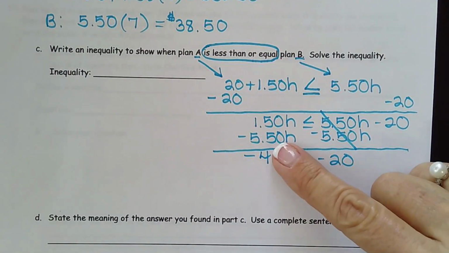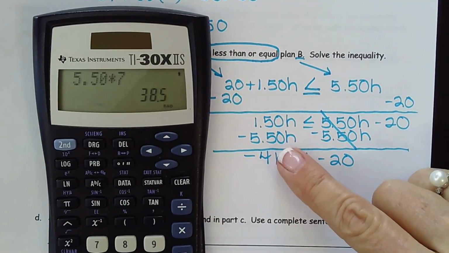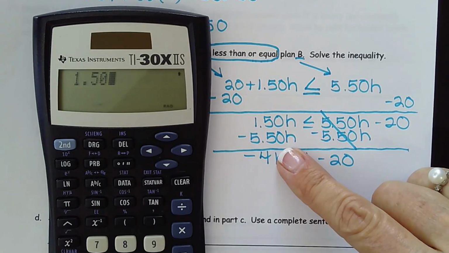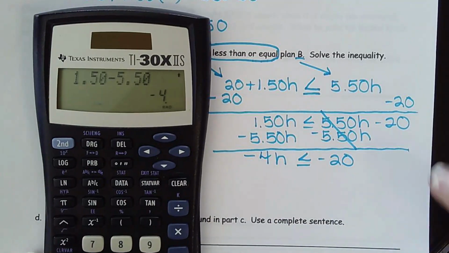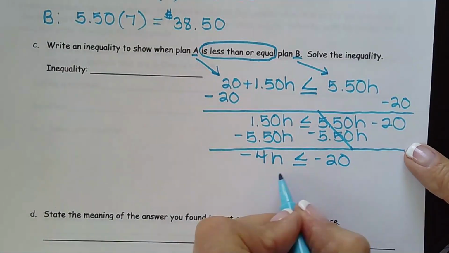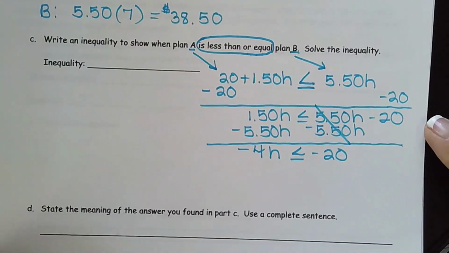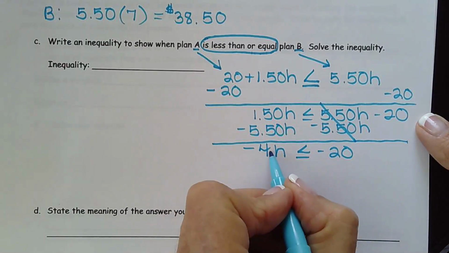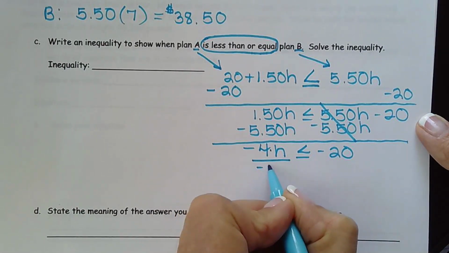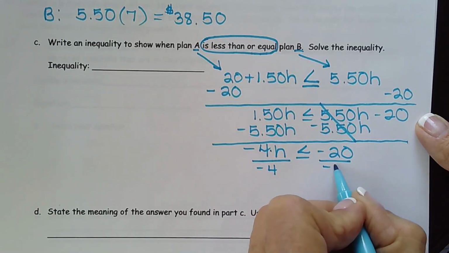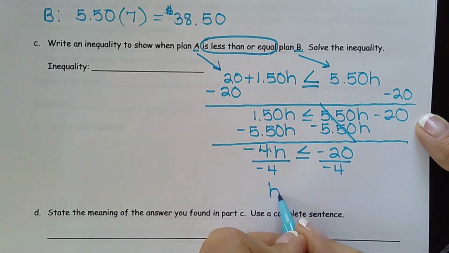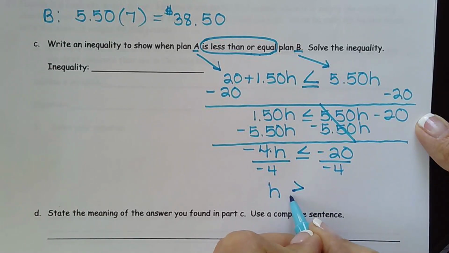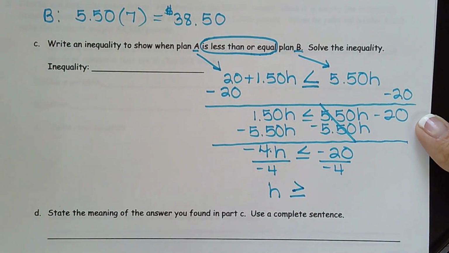I'm just going to verify. Anytime I do something that's a little sketchy, I like to verify it just to make sure I didn't make a mistake. Yep, negative 4H. And then, oh, here's that again too. And I told you were going to see this a couple times on your test. We're once again dividing by a negative, and we learned that anytime you divide by a negative, you must flip the symbol.